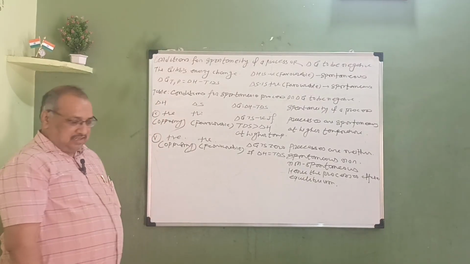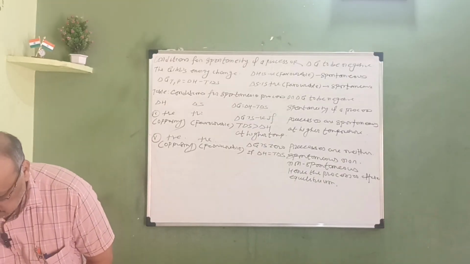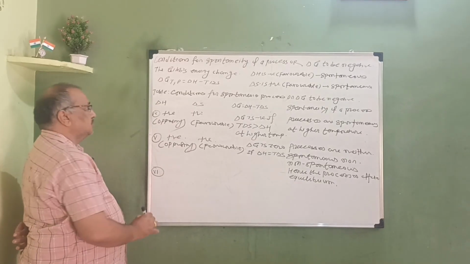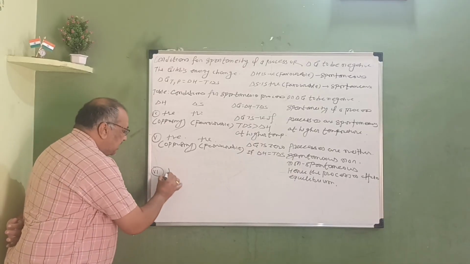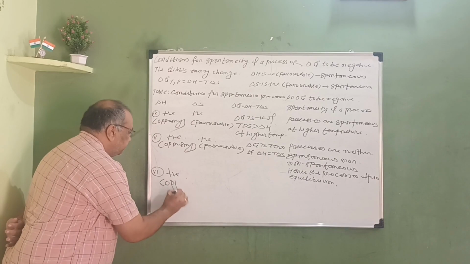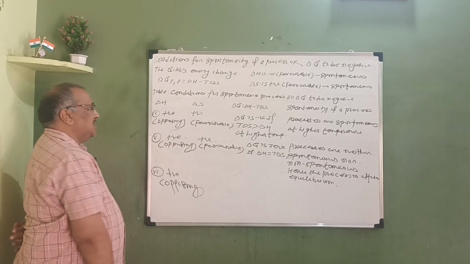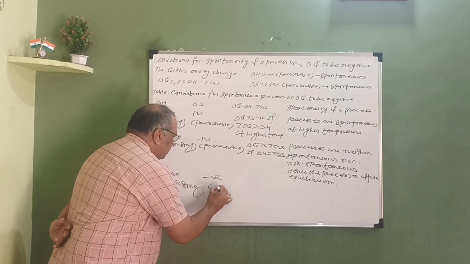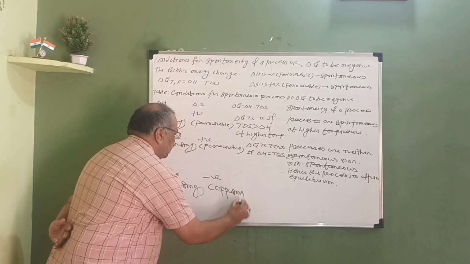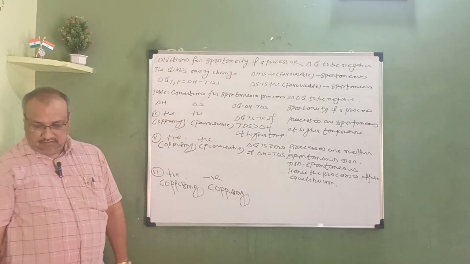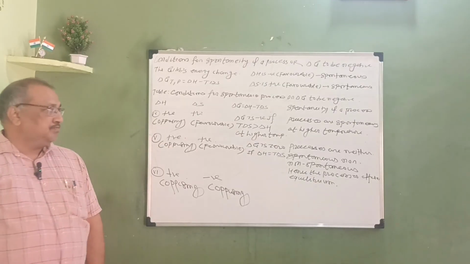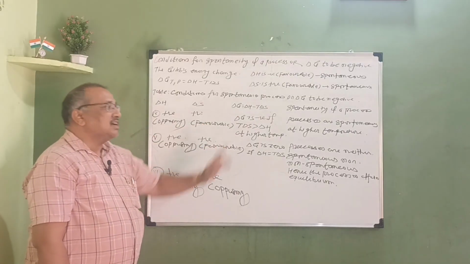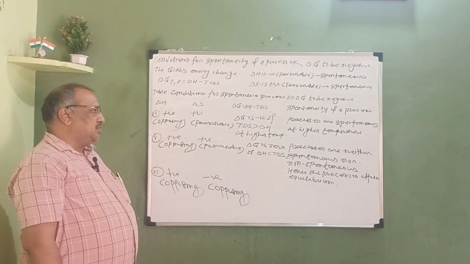Now here write down next. Delta H is positive, that is opposing, and delta S is negative, that is opposing. This delta H is positive and this delta S is negative. Negative into negative, positive.